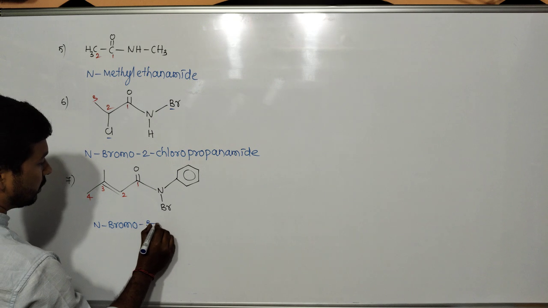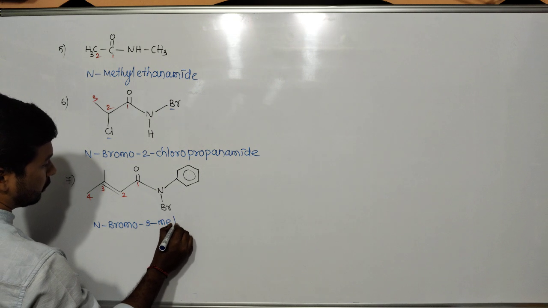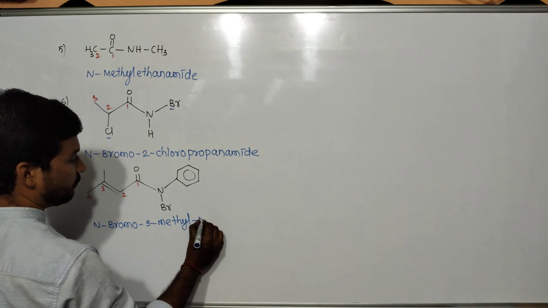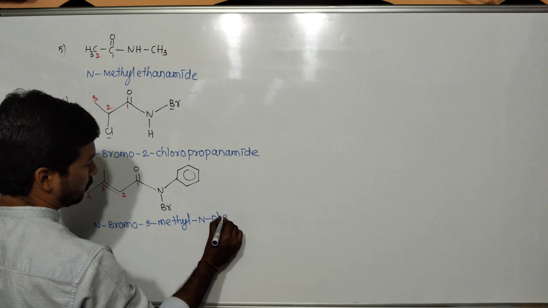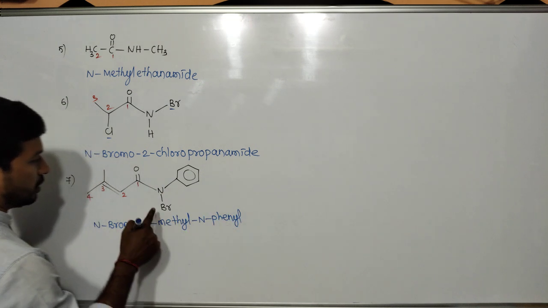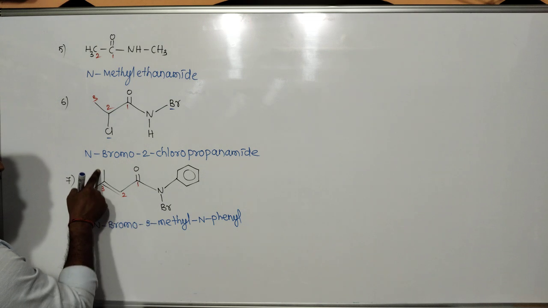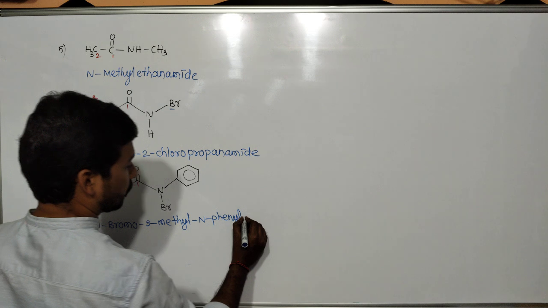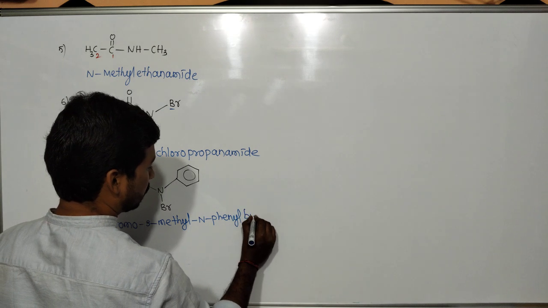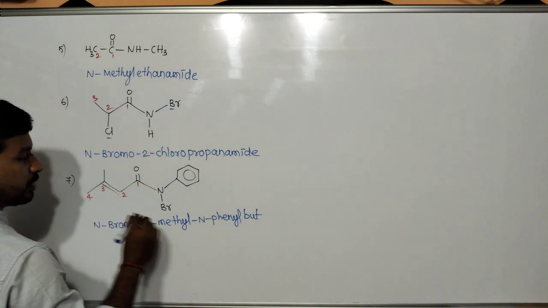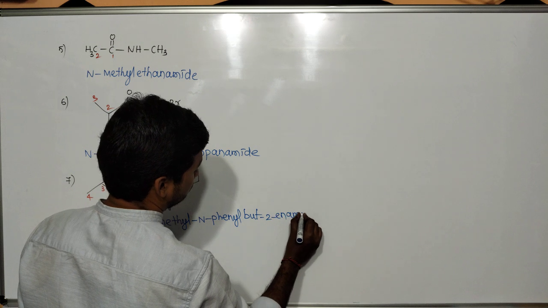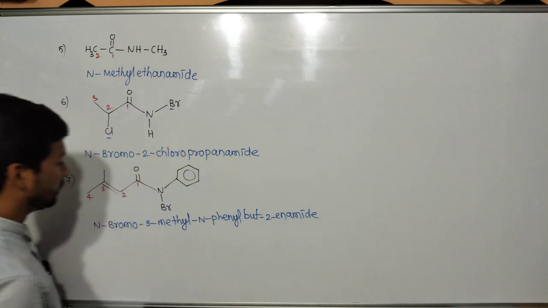So 3-methyl and N-phenyl. N-bromo, 3-methyl, N-phenyl, total 4 carbon atoms. So but, with a double bond at the second carbon, 2-ene, amide. This is the IUPAC name of this molecule.